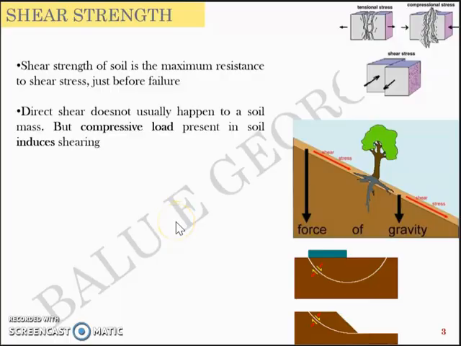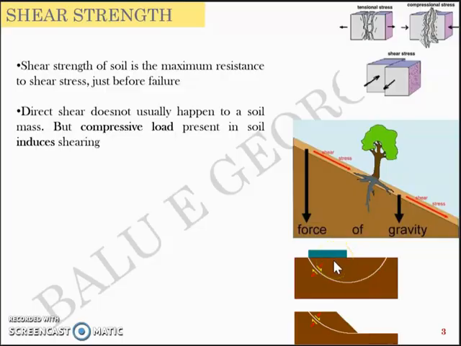The direct shear does not usually happen to a soil mass, but compressive load present in the soil induces shearing. So compressive load can either be due to its own weight, the self-weight of the soil, or perhaps due to the load that's applied onto the soil. For instance, a foundation, the superstructure applies a load onto the soil.